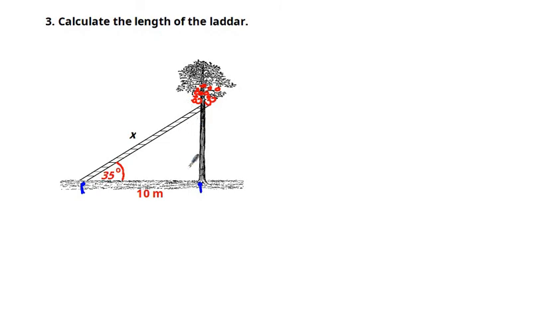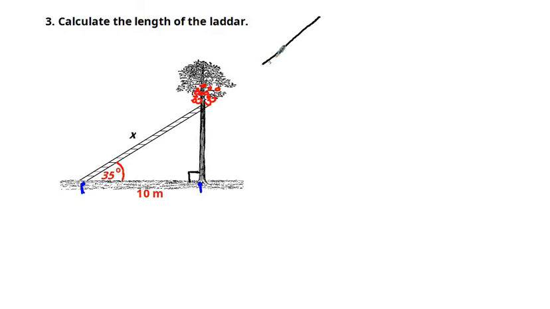Alright? So if you look at this problem, you will see that there is a right angle triangle coming out here, because we have this tall straight tree, we have the ground, and we have the ladder. So if you look carefully, it's a right angle triangle, right?